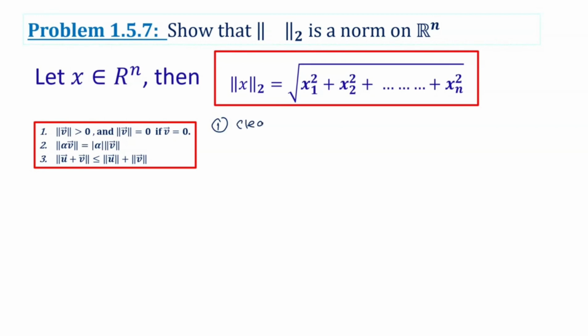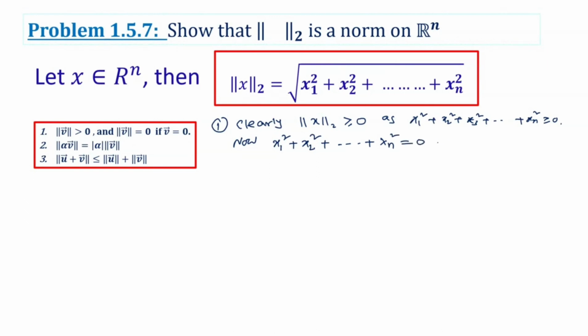So clearly the norm of x is greater than or equal to 0, as x1 square plus x2 square plus x3 square plus xn square is always greater than or equal to 0 for all x1, x2, xn, and the equality 0 will happen if and only if all xi is equal to 0 for i equal to 1 up to n.